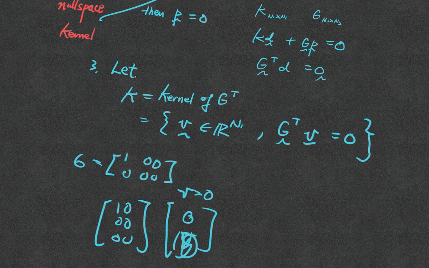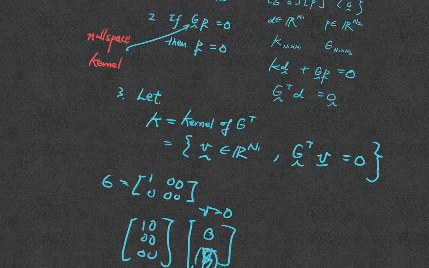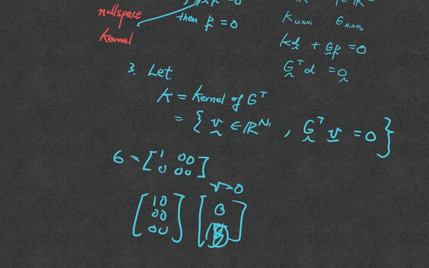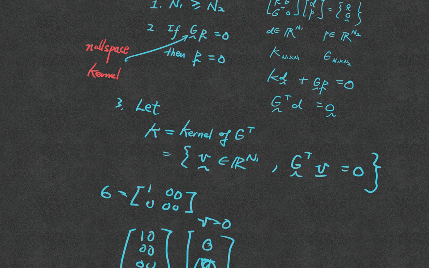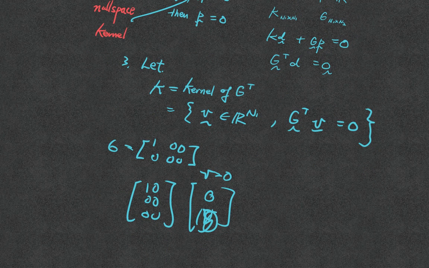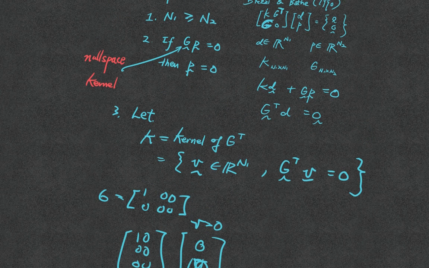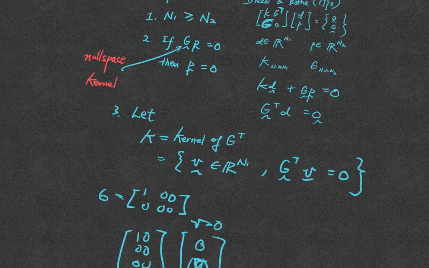And if you have it, do you have a unique solution? You won't have a unique solution, for the following reason. I think here I should put the T, and then that should be just G. You won't have a unique solution because you now admit a family of solutions that make G^T D equal to 0, but D is not necessarily 0.